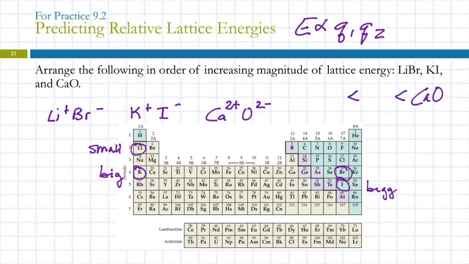Going down. And bromine is smaller. So this one has the two small ones together, and this one has the two bigger ones. So the distance between potassium ion and iodide ion must be larger than for lithium and bromide. These guys can get closer together.